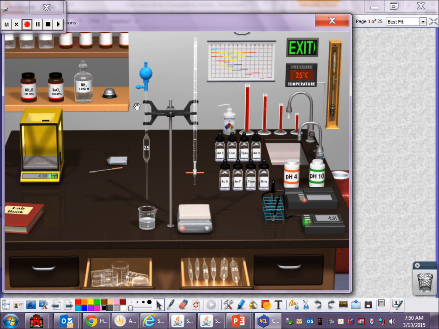I press the bulb of the pipette and fill it up with 25 ml of ammonia. I dispose, get a clean beaker, put exactly 25 ml, put it on the stirrer, and check the conductivity.